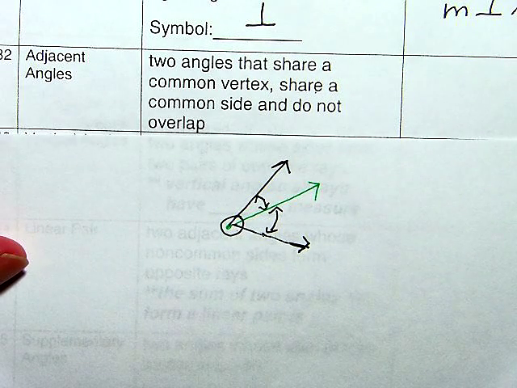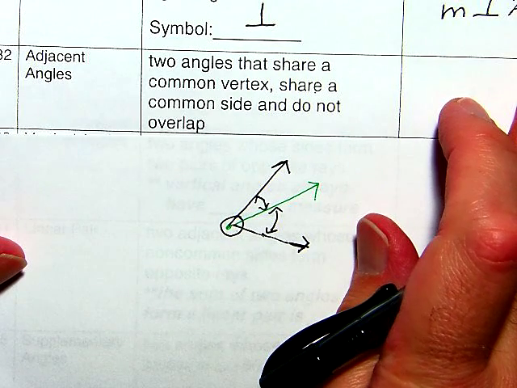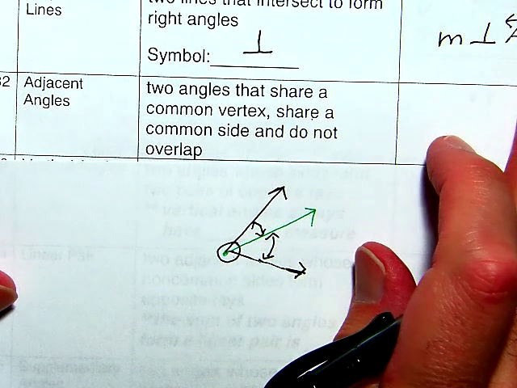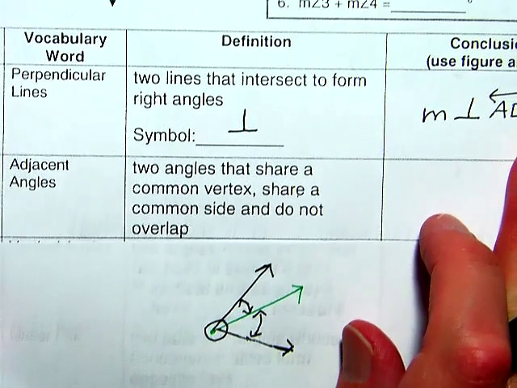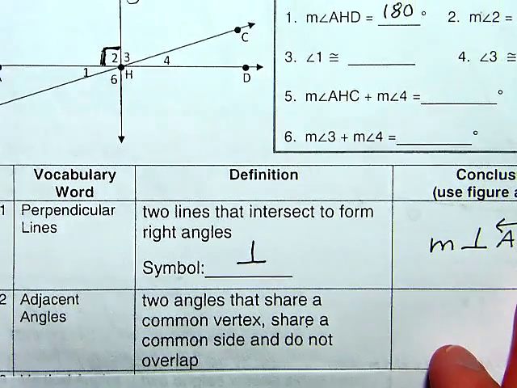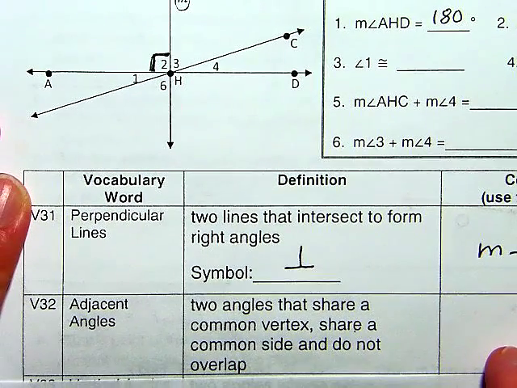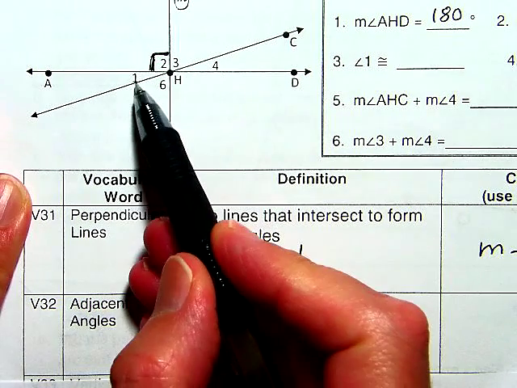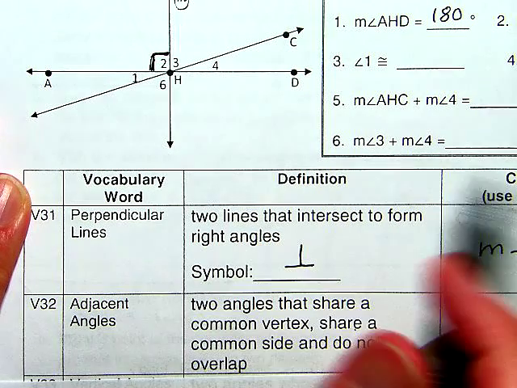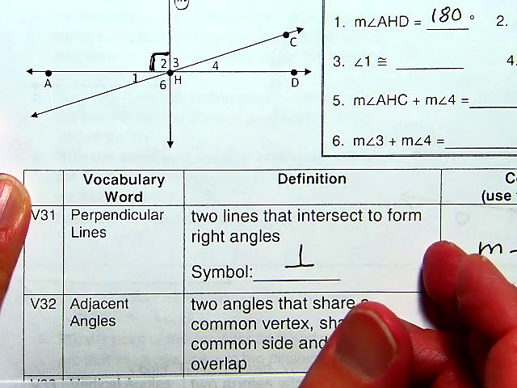Well, let's look up to our diagram and try to identify one or two sets of adjacent angles up here. How about angles 1 and 6? Do they share a common side? Yes, they do.